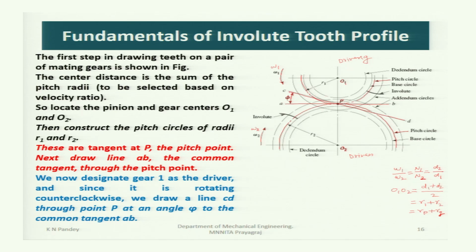So, AB and CD both pass through the pitch point P, which lies along the center line joining the centers O1 and O2. CD makes angle phi with AB, and this phi is called the pressure angle. Okay.